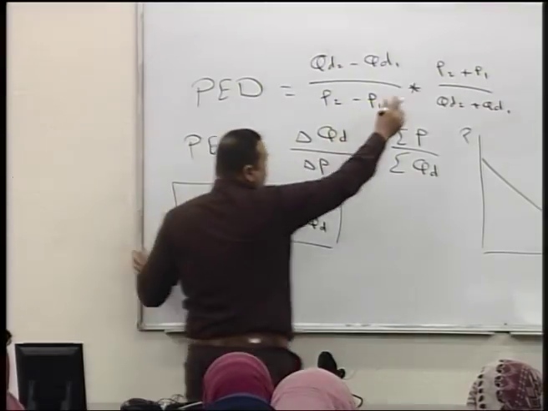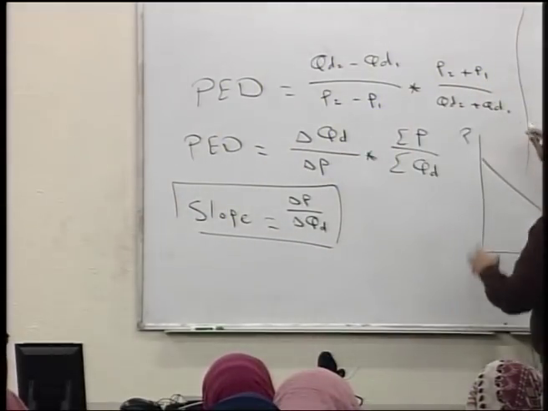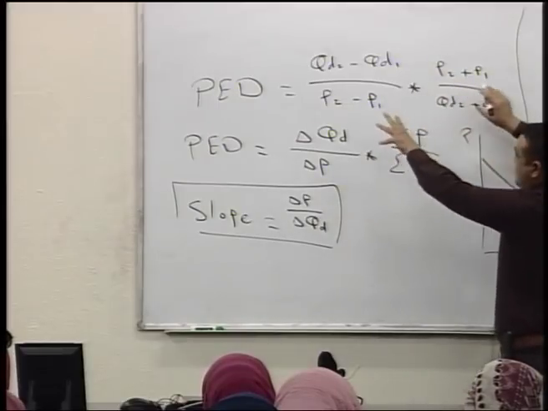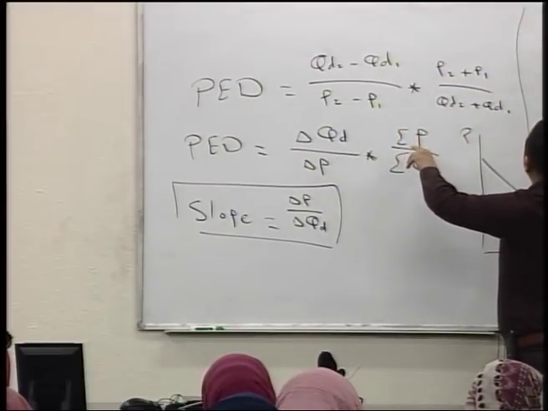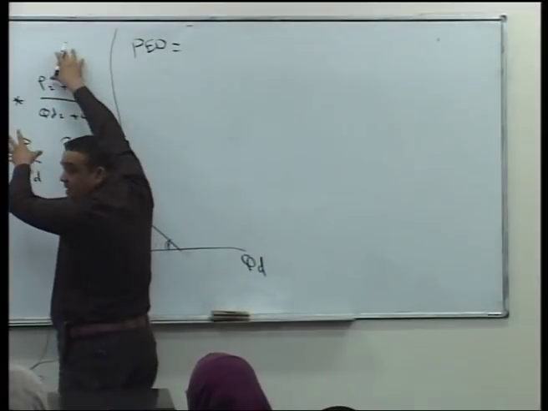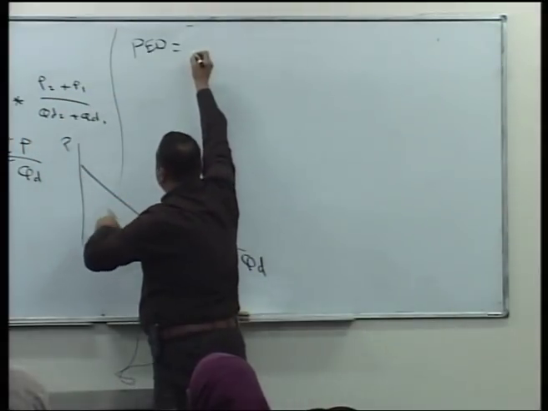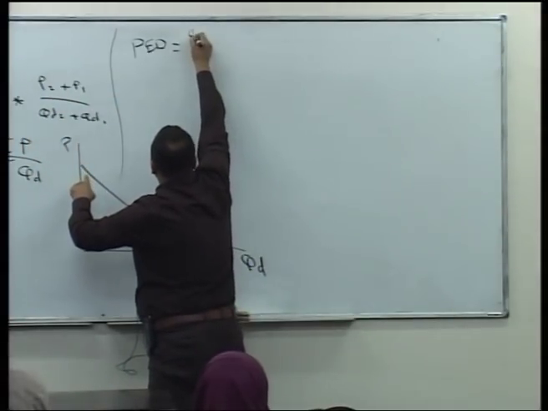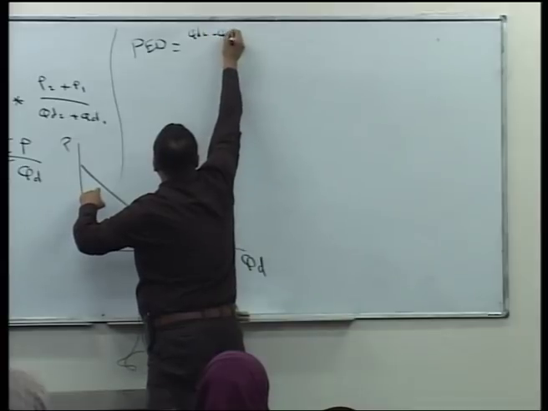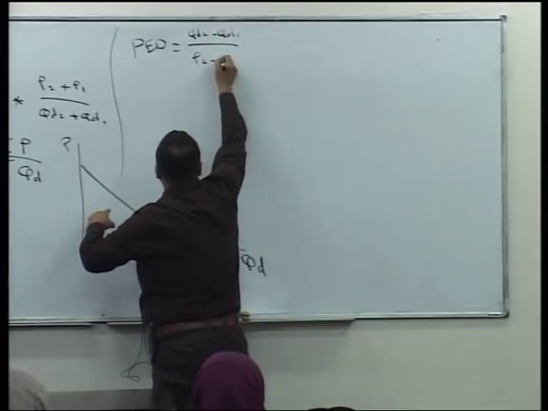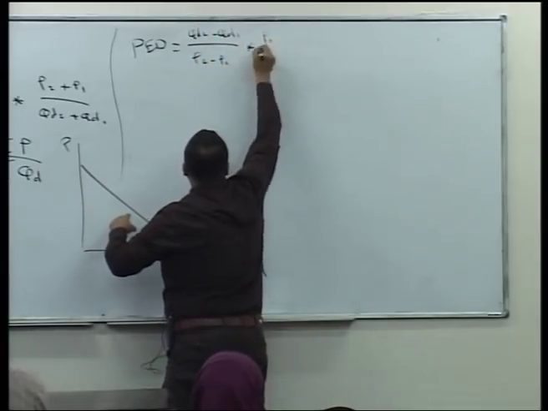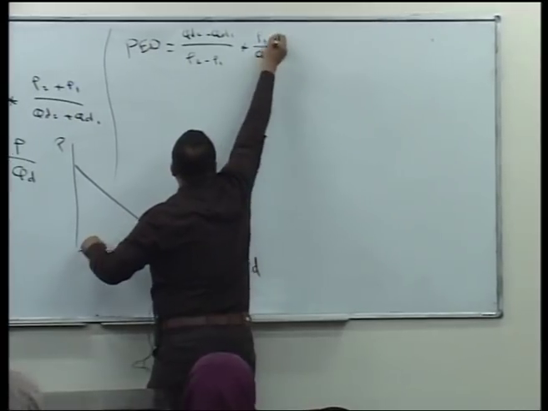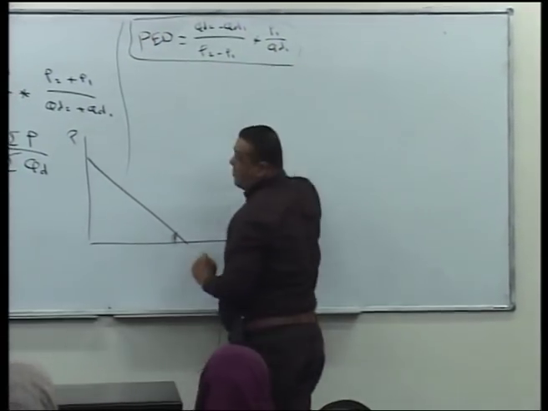The general formula for the price elasticity of demand, the original formula, what was it? PED, for which we derived this part, was QD2 minus QD1 over P2 minus P1 times P1 over QD1. This is the original formula. All right?